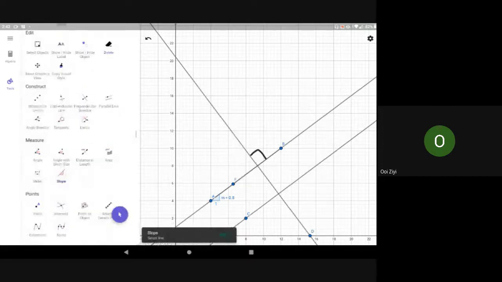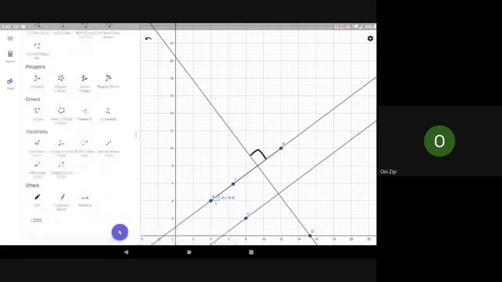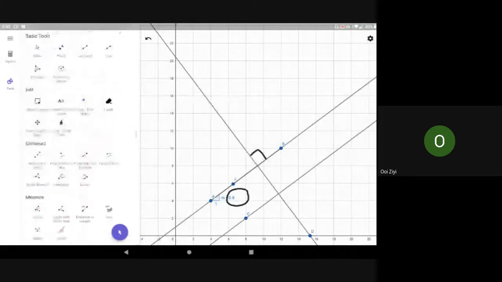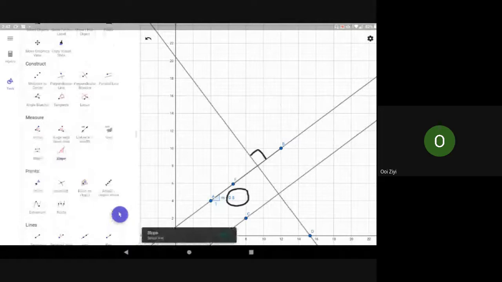Here we have line AB, and the gradient of line AB is 0.8. Let's check line C, which I told you is parallel to line AB. So let's check the gradient of line C.